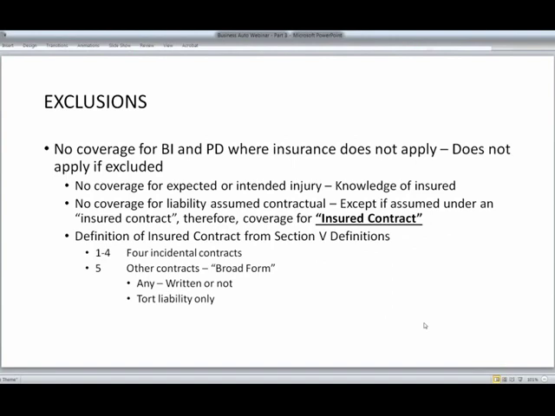So no coverage for BI and PD where the insurance does not apply, or if excluded. No coverage for expected or intended, knowledge of the insured. No coverage for liability assumed in the contract except for insured contracts. And in insured contracts, you have the 4 miscellaneous and you have the broad form, any written or not, tort liability only.